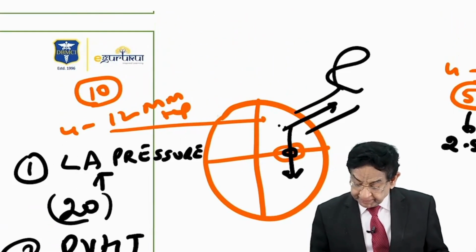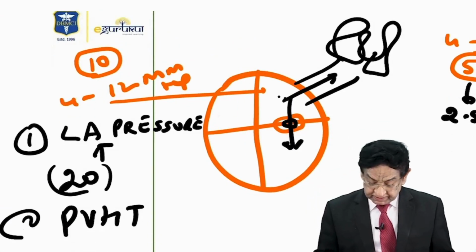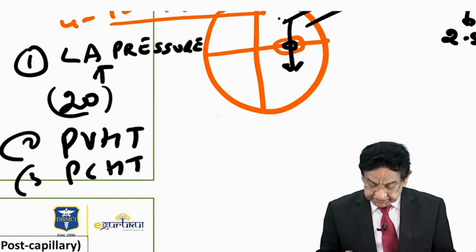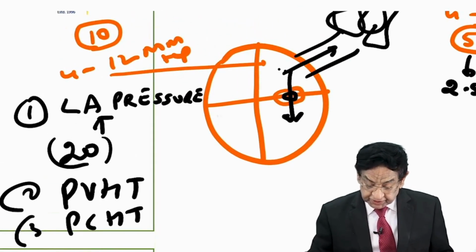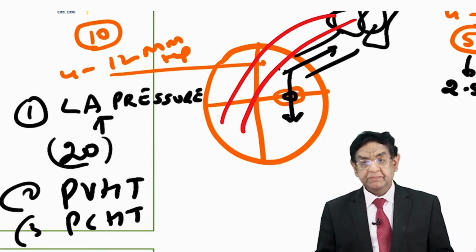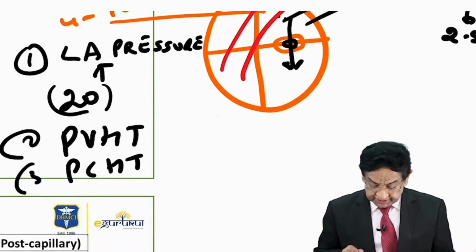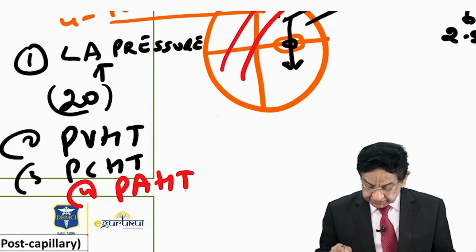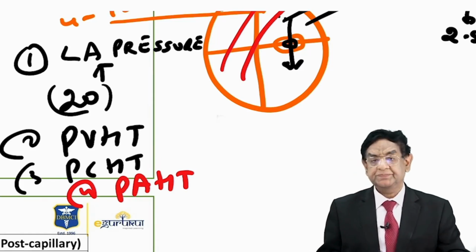Finally, capillaries, you get pulmonary capillary hypertension, and finally you get increased pulmonary arterial pressure, pulmonary arterial hypertension. Got it?